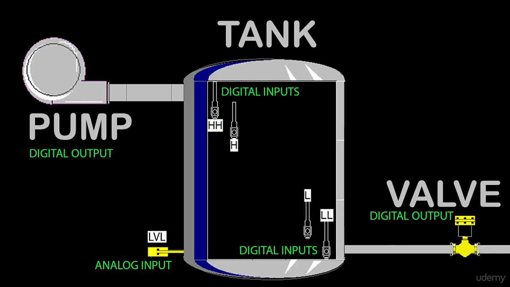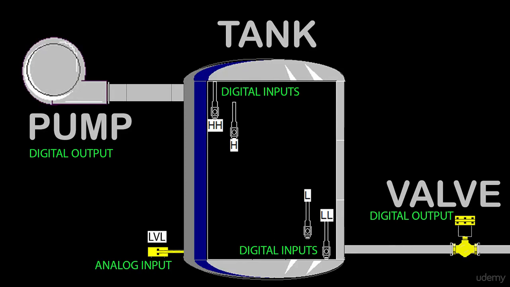We're also going to have redundant level control on this system. If you look down on the bottom left of the tank, you see that we have an analog input which is also labeled level. That is going to be a hydrostatic pressure sensor. What that's going to do is detect the water pressure at the bottom of the tank. Now the more water or dead flies or marbles or whatever we put in our tank, maybe cheesecake, I don't know, the more of it there is, the more pressure there's going to be down at the bottom.